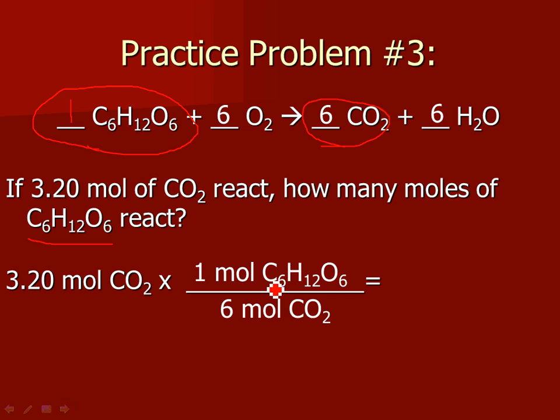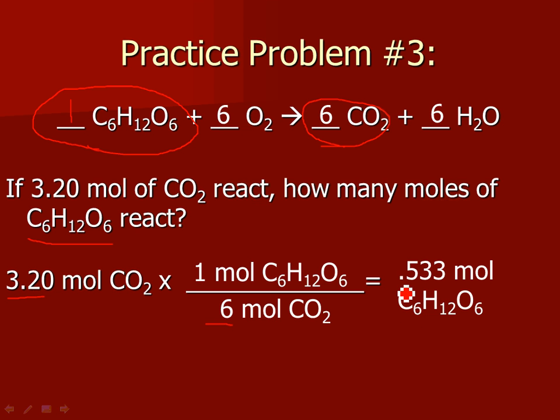So there's 1 mole of C6H12O6 needed for every 6 moles of carbon dioxide that are going to be produced. Because it's on the bottom of the equation, right, you do 3.2 times 1, and then it's on the bottom of the fraction, so you divide by 6. So 3.2 divided by 6 gets you 0.533 moles of C6H12O6.